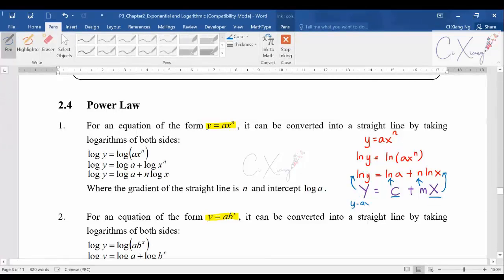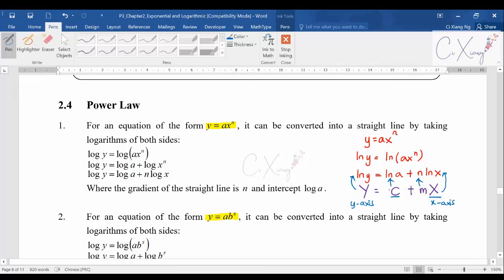If the y-axis is log y and the x-axis is log x, then when you sketch a graph with log y and log x axes, you will get a straight line. After you get a straight line, you can estimate the value of a and also the value of n by looking at the intercept value and the gradient.